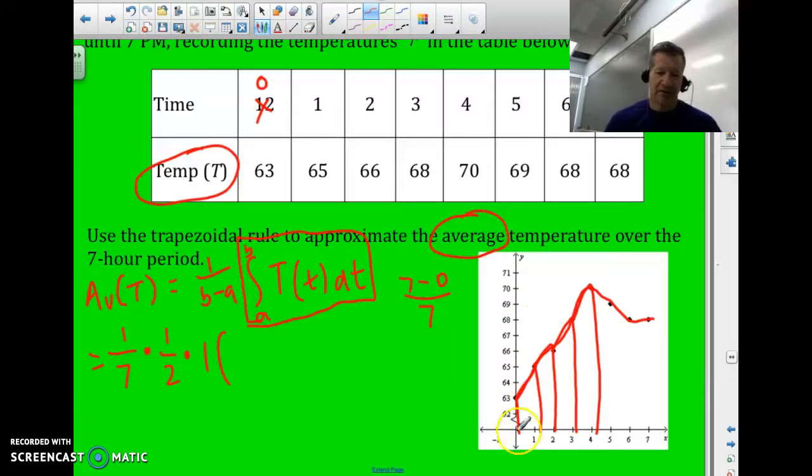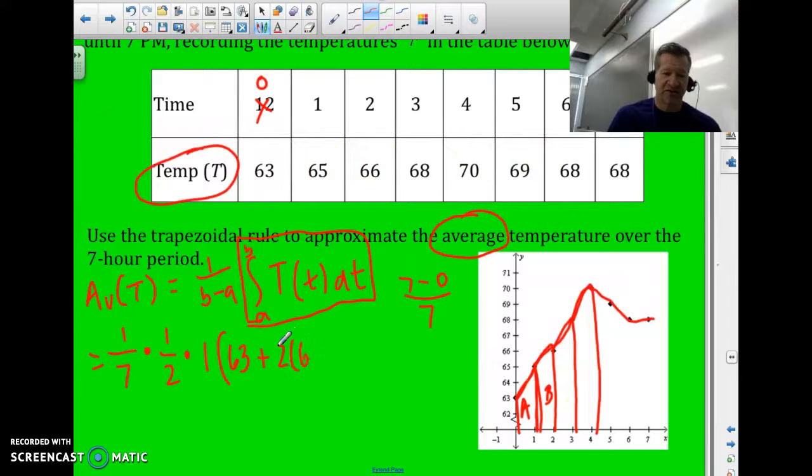So it's the same thing. I want the base at 0, which would be 63, plus the base at 1, which would be 65, but we're going to use this base twice, once for trapezoid A and once for trapezoid B. So every one of these middle bases is going to be used twice.